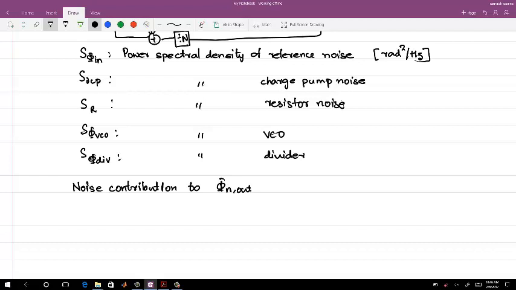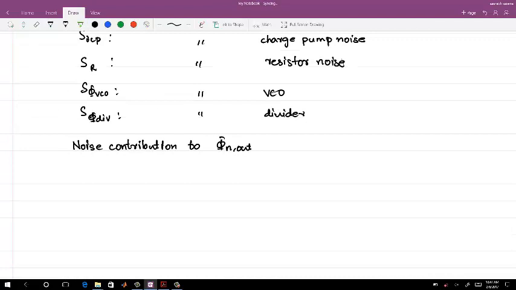Phi n out is the total noise at the output. Okay, so for doing this, what shall we find out? I know that this charge pump, or any of the circuit blocks, can be modeled as a total output or input referred noise. Okay, now I need to find the noise contribution to the output. What should be the next step?